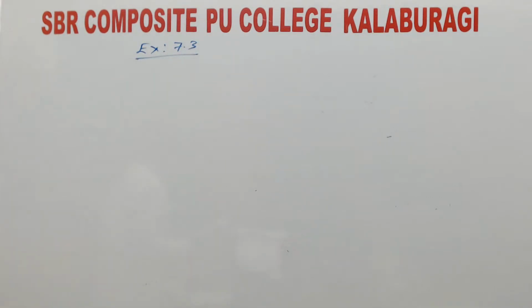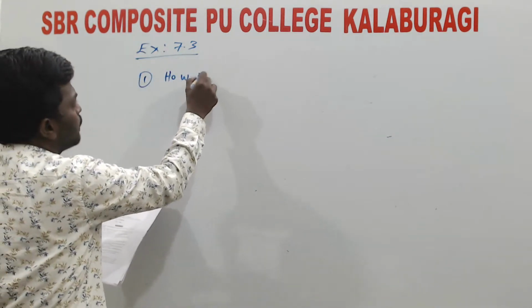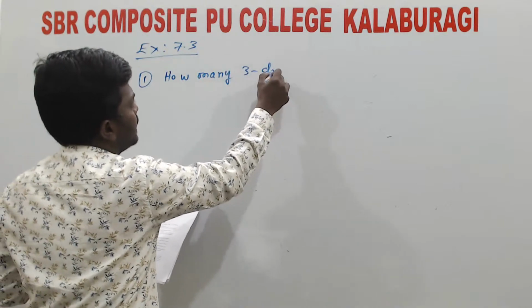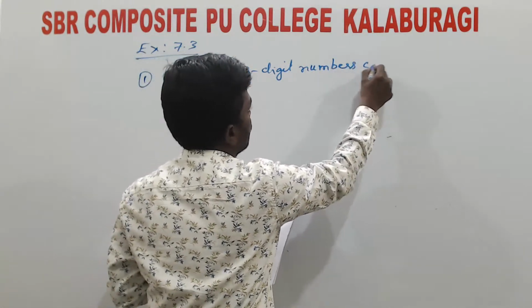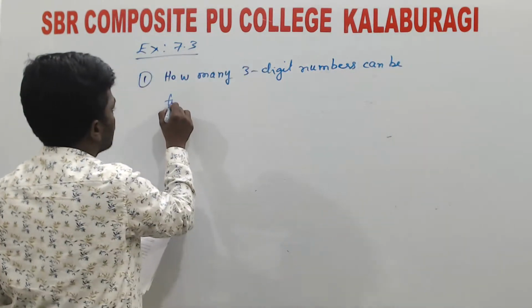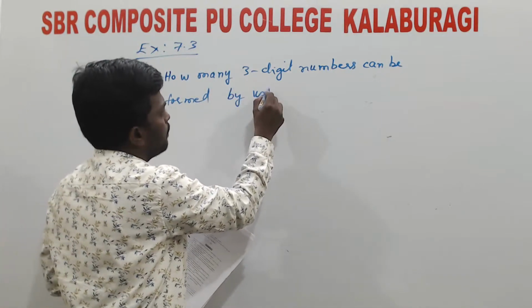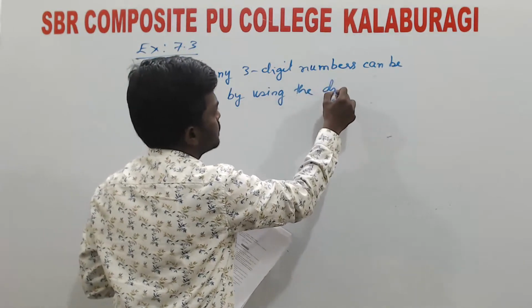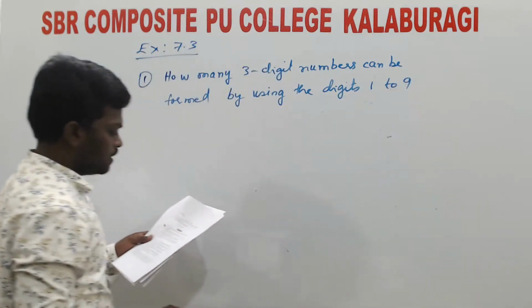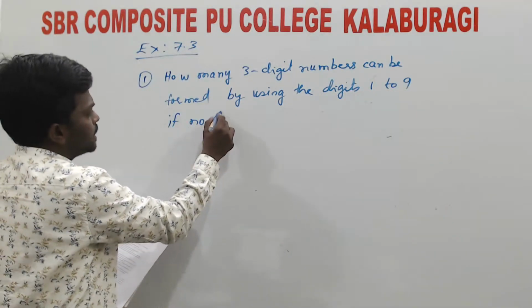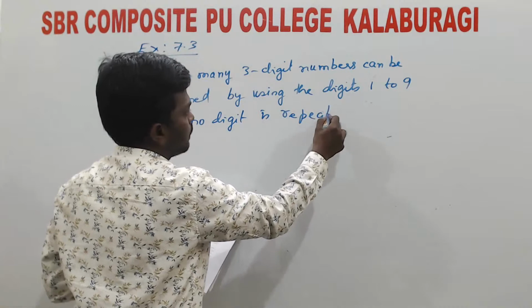So exercise 7.3. So what does it tell? First one, how many 3-digit numbers can be formed by using the digits 1 to 9, if no digit is repeated?